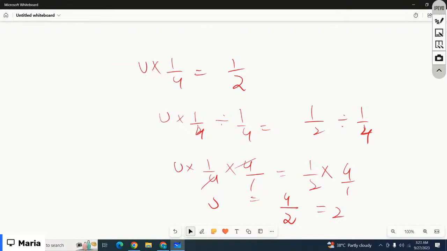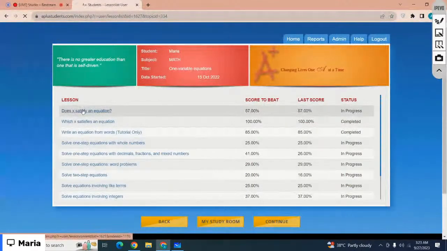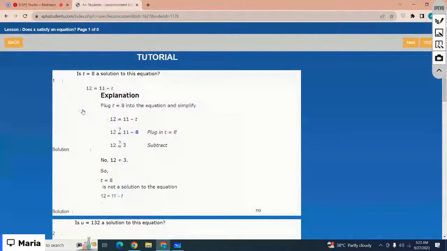Okay, let's just start with the practice questions. So let's start with the first lesson, that's does x satisfy the equation.